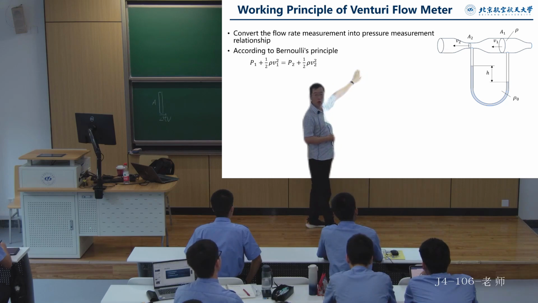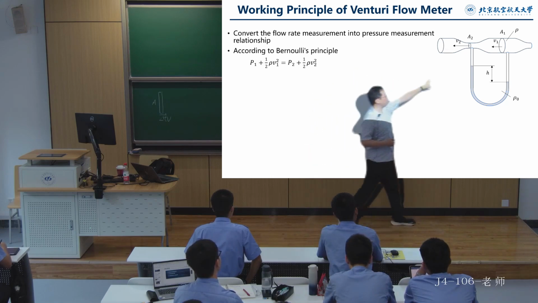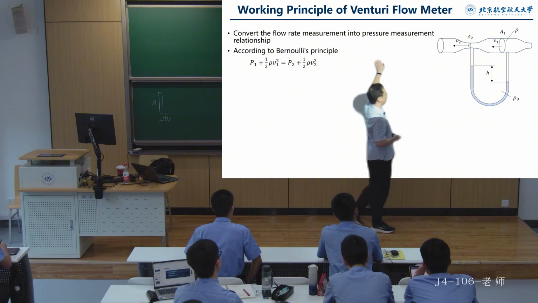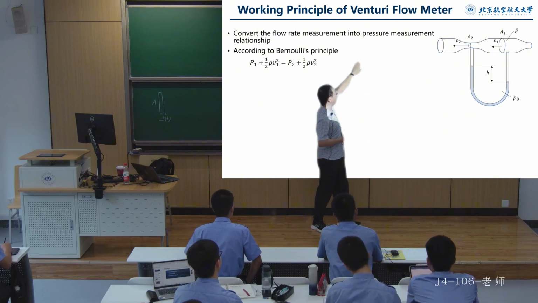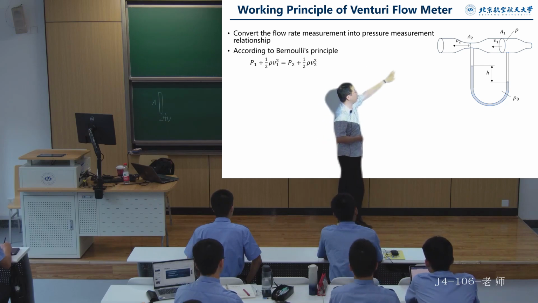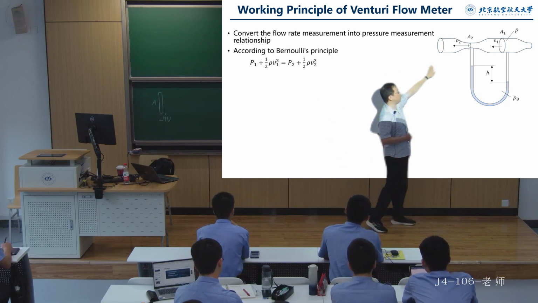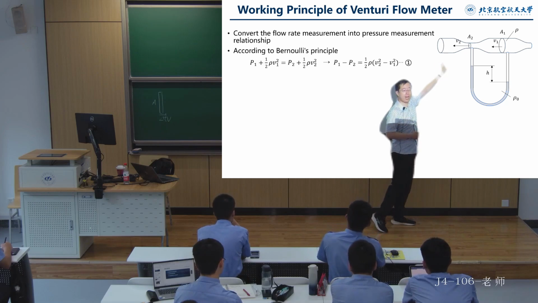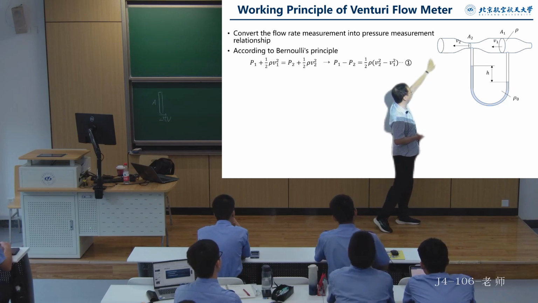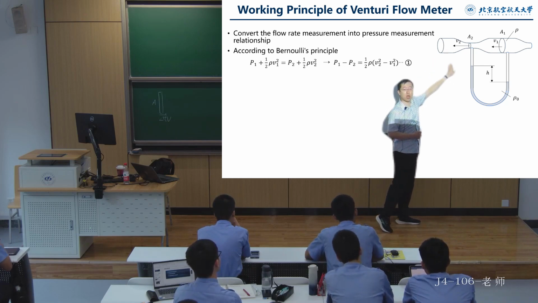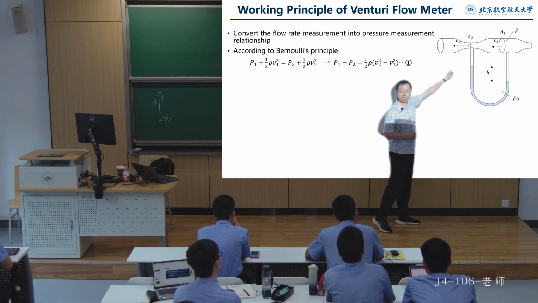From the height difference between the two U-shaped tubes, we can directly determine what the pressure difference is. Therefore, we leave the pressure difference on one side of the equation, and on the other side is the difference in dynamic pressure between the two ends. Now, what about the difference in dynamic pressure? This includes density, and there's another one: the velocity term.